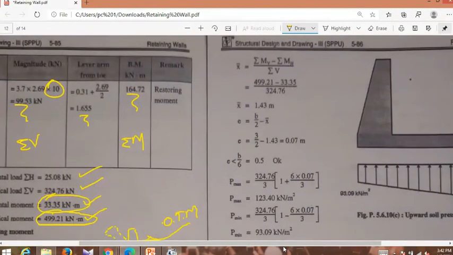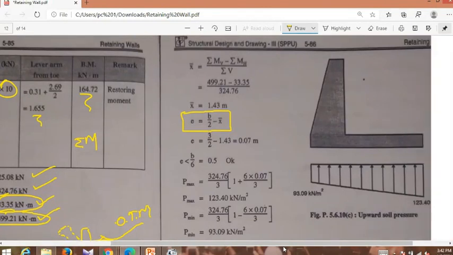Here, we don't know the value of E. Okay. We want to determine the value of E. Therefore, E is given by B upon 2 minus x bar, and we don't know the x bar. It is given by summation of moment due to vertical load minus summation of moment due to horizontal load, divided by summation of vertical load.